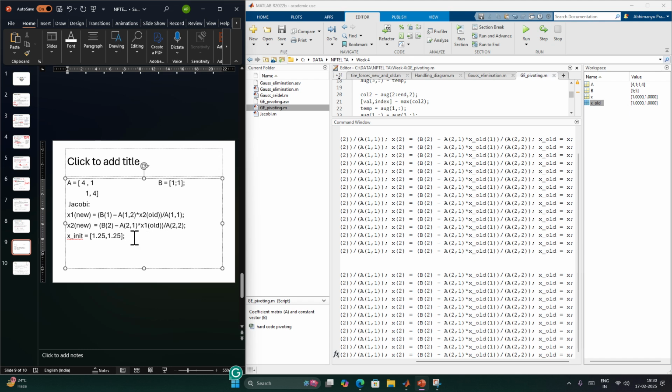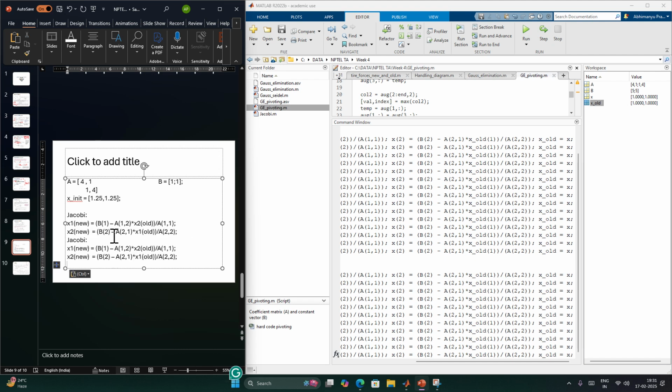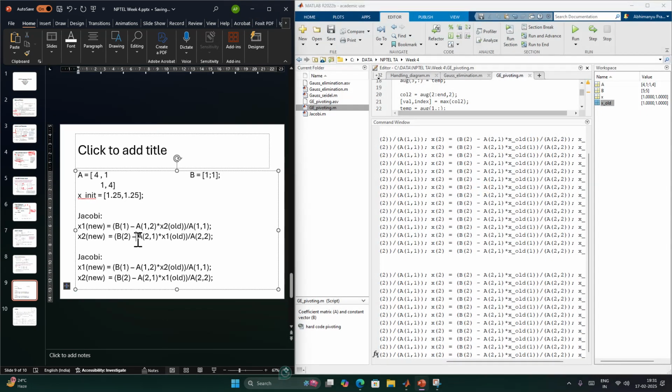And this is for Jacobi. I think it's still visible, right? And this is for Gauss-Seidel.